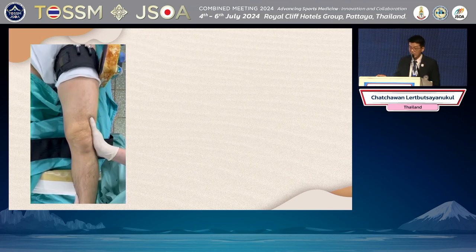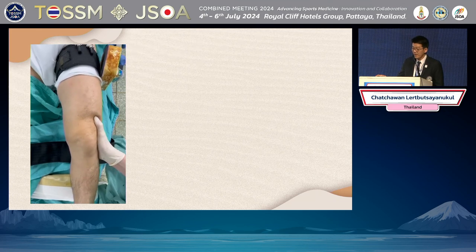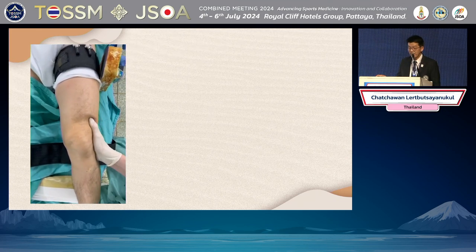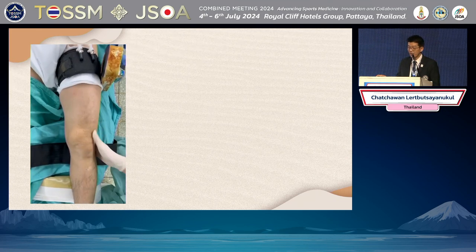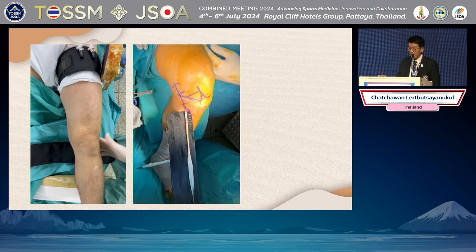For example, in this patient of mine, he had chronic medial side laxity at 30 degrees of knee flexion. So we performed only a superficial MCL reconstruction, harvesting the semitendinosus tendon and keeping its tibial insertion intact.